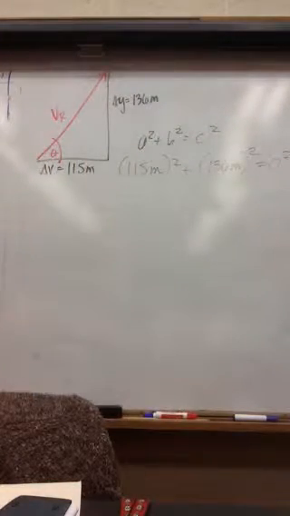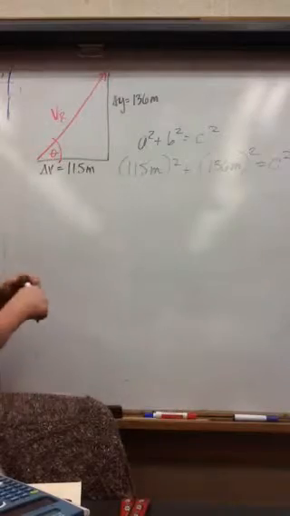We'll go ahead and compute that. And what's nice if you're using the TI-30 MultiView that we have, you can punch those numbers in with the squares and it will do order of operations for you.